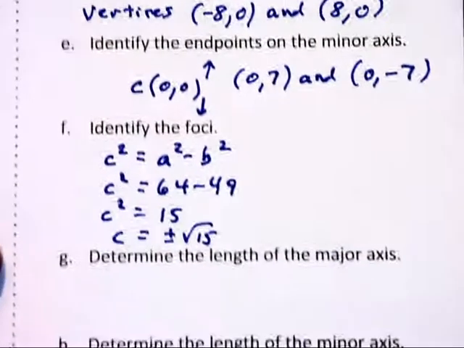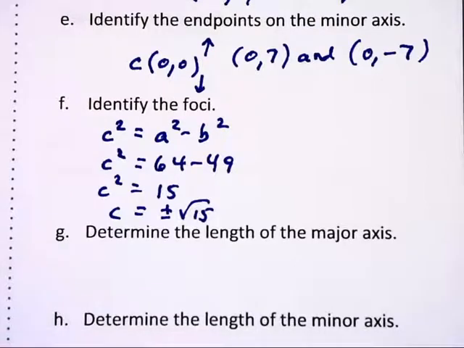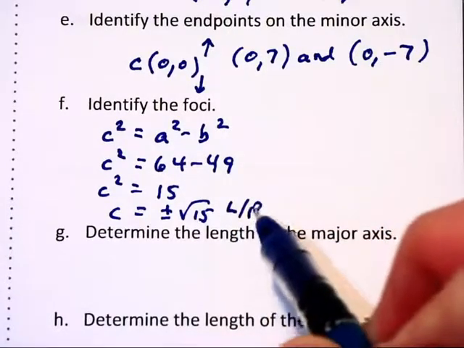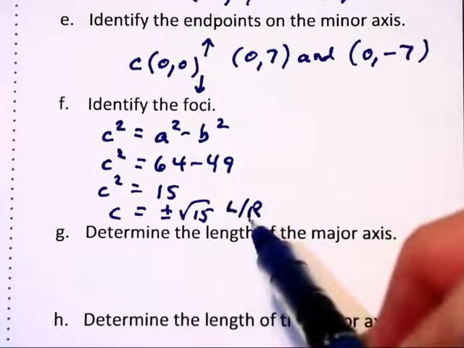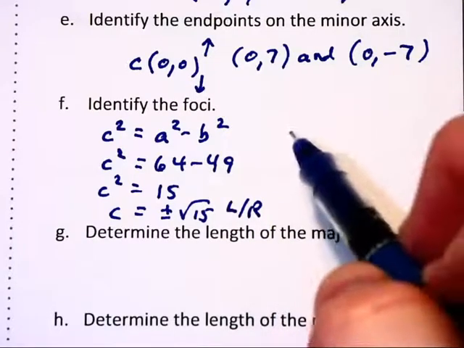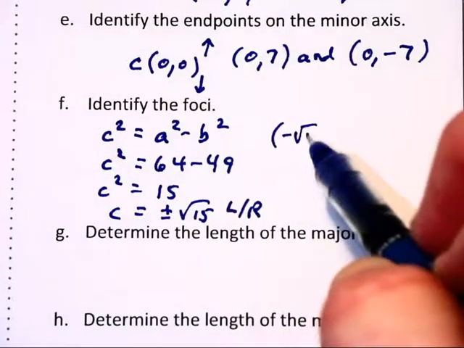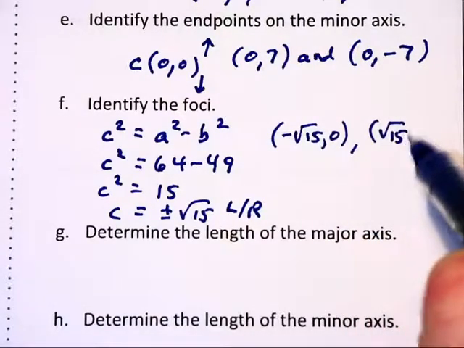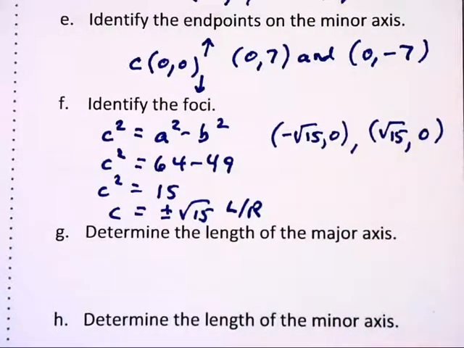Now, we know that the denominator of x is larger, therefore the horizontal axis is the major axis, and since the foci are on the major axis, we will be moving left and right of center to find those foci, and they will be located at (negative root 15, 0) and (positive root 15, 0).